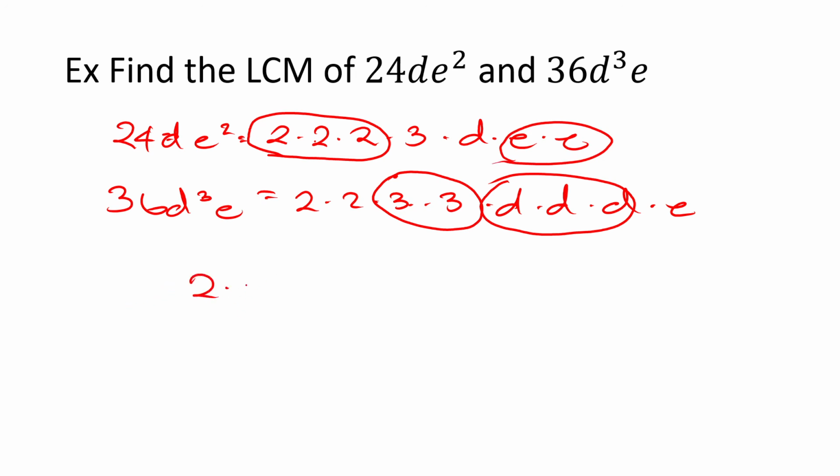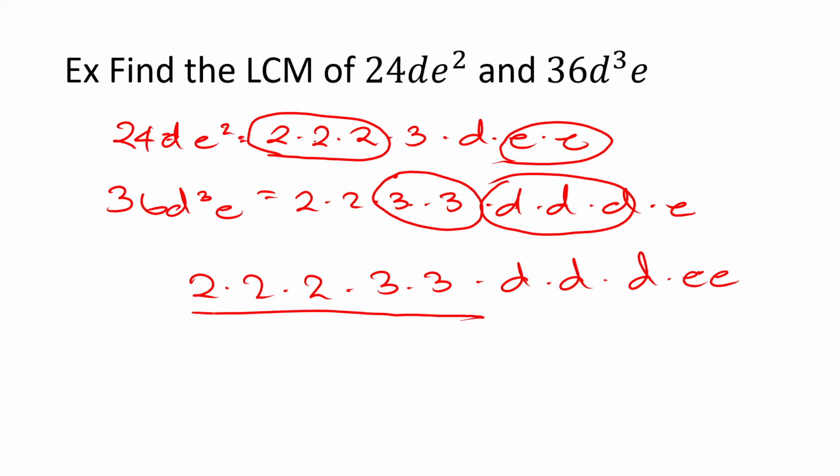2 times 2 times 2 times 3 times 3 times d times d times d times e times e. 2 times 2 times 2 times 3 times 3 is 2, 4, 8, 8 times 9 is 72.